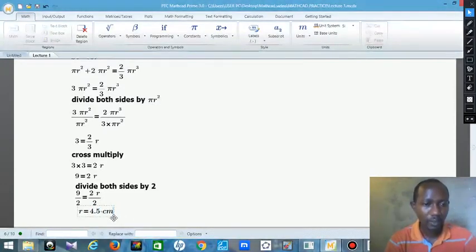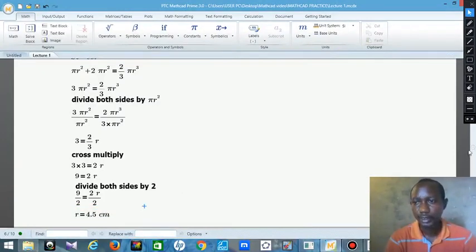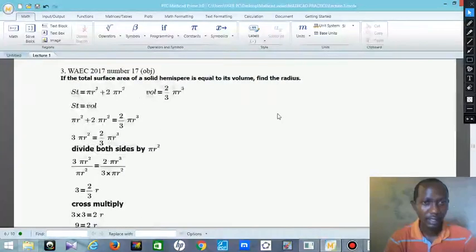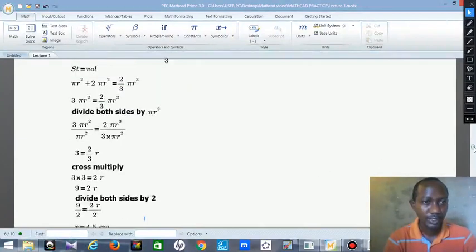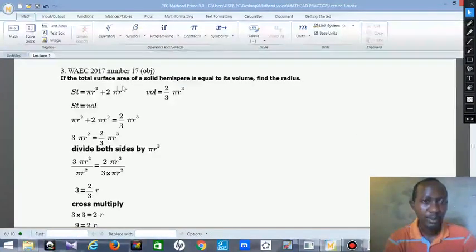So the answer is 4.5 centimeter. So that is the radius of this hemisphere. So for the solid hemisphere that has surface area equal to volume, the radius is 4.5 centimeter. So just go through the steps one by one, getting the formulas, equate them, and solve for r.